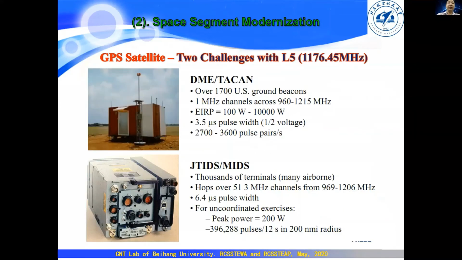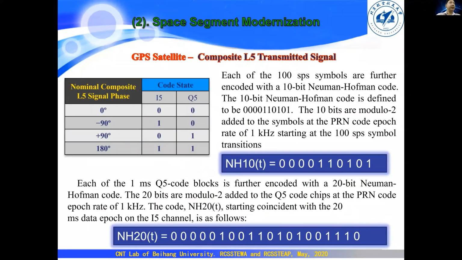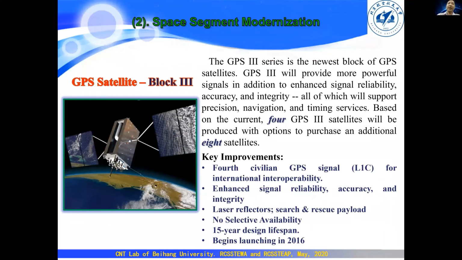And then from 2016, the GPS began to launch a new generation called Block 3 satellite. It adds a fourth civilian GPS signal, L1C, and also it has enhanced signal reliability and laser reflectors, and also it has a 15 years design lifetime, and that means the satellite is designed for working for 15 years.